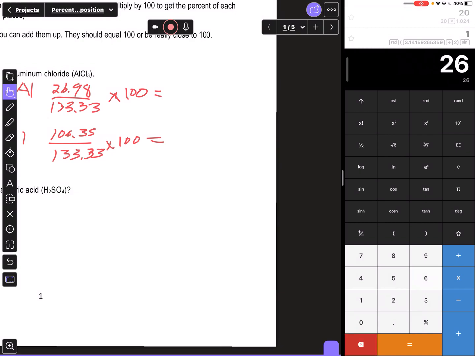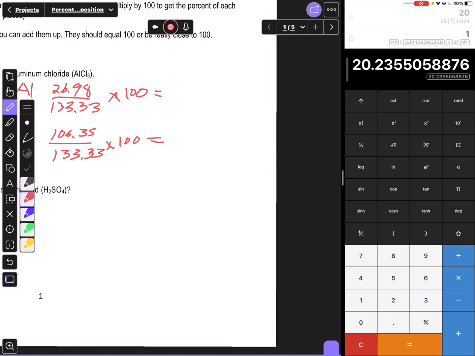So first for aluminum, 26.98 divided by 133.33. That equals, then I multiply that by 100. And that's just going to move the decimal places over 2 places. I'm going to round this to 2 decimal places, the percent. So that would be 20.24. And that's percent aluminum.